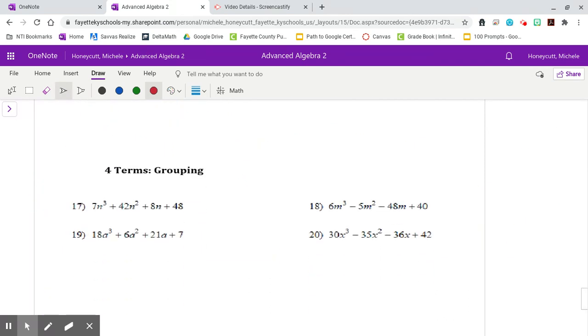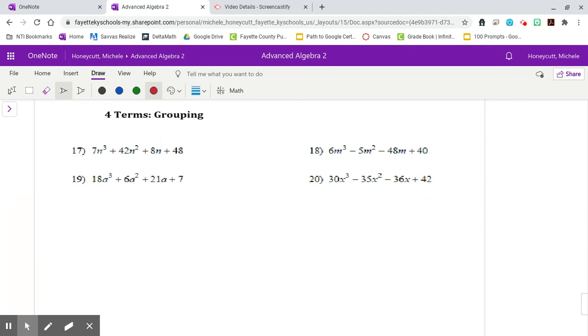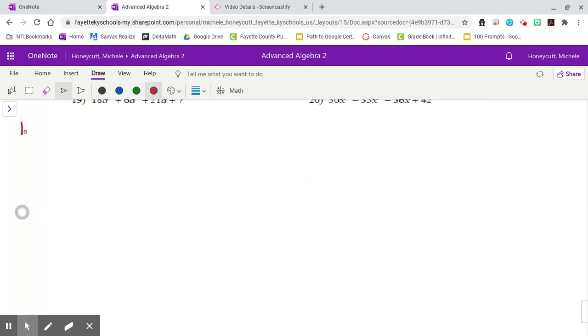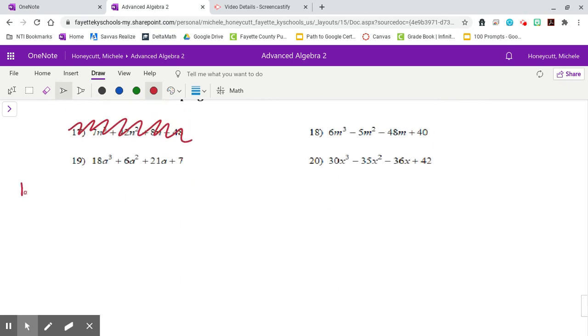So let me find a grouping example. Okay. So step 1 with grouping is going to be split into 2 groups.